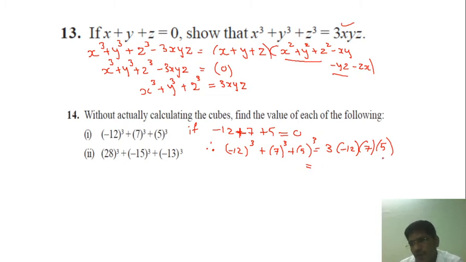So if you multiply it, we can easily multiply 12 into 3, that is minus 36 into minus 35.